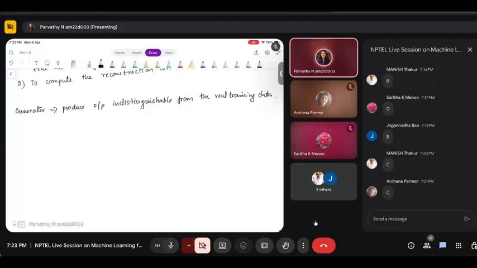And the discriminator, as we said, wants to find whether it is a real image or a fake image. So the goal of the discriminator is to correctly identify real samples and fake samples.